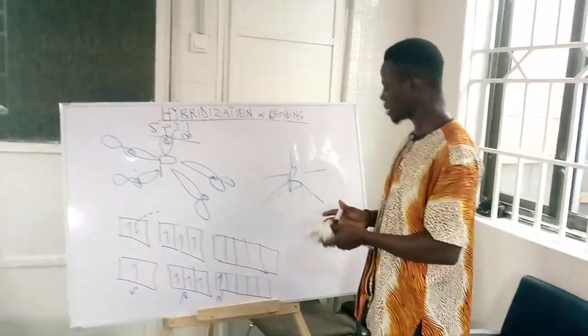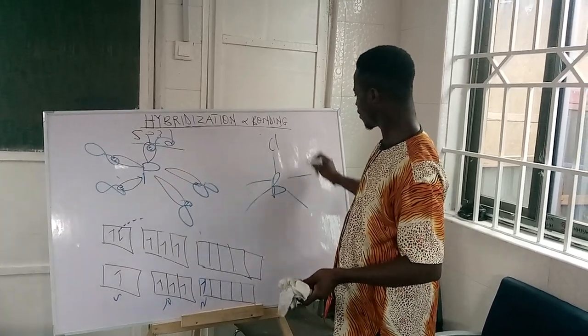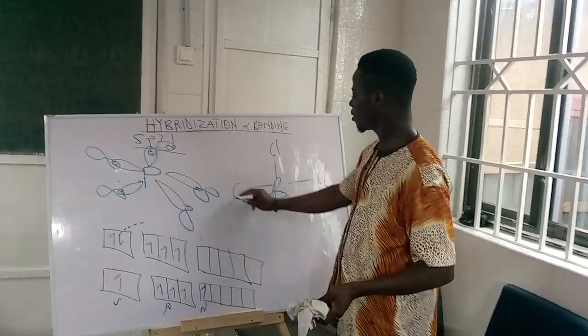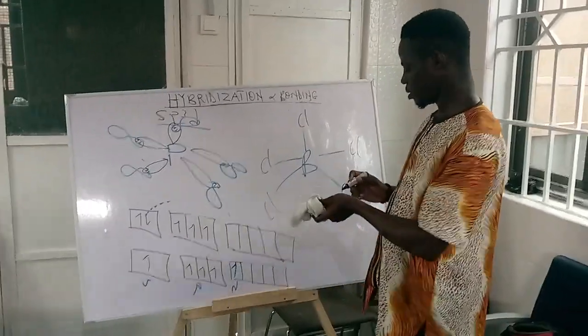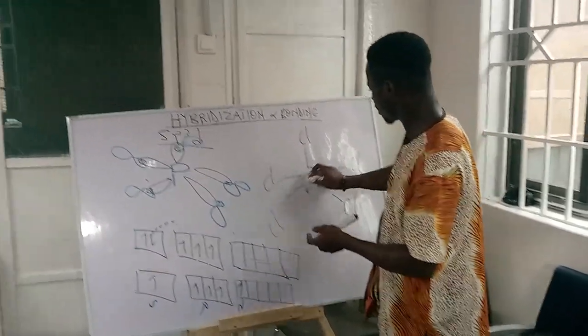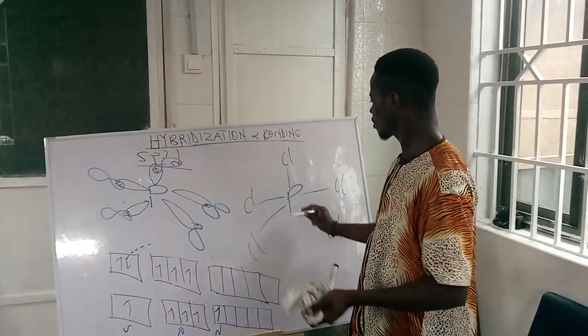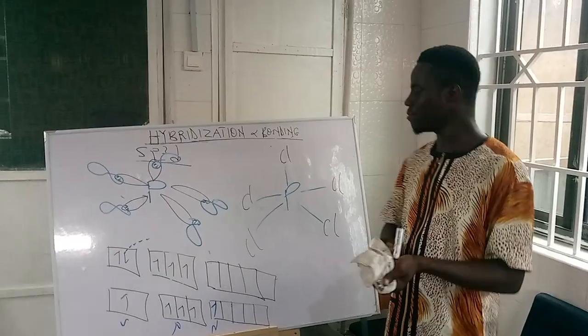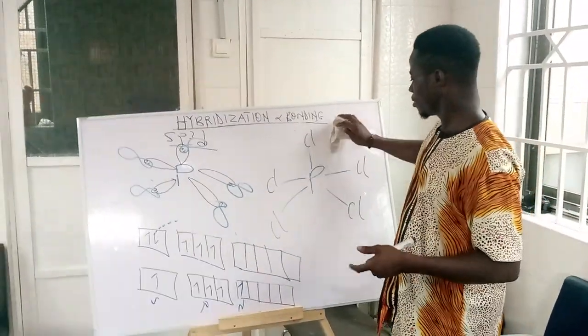I think we did that in our chemical bonding. So we have chlorine, chlorine, chlorine, chlorine, chlorine. Sorry, this is not B, excuse me, this is P. So this is PCl5, and it's another type of hybridization. So that is it.